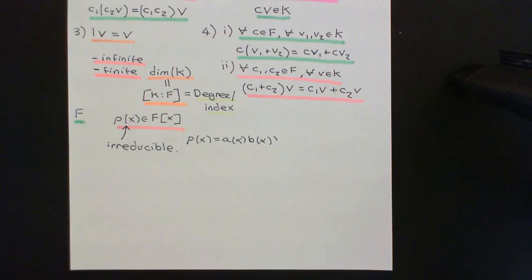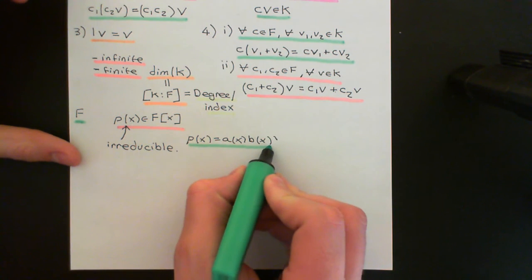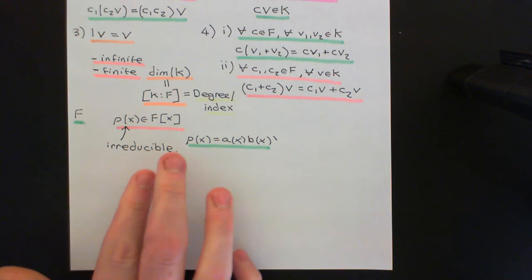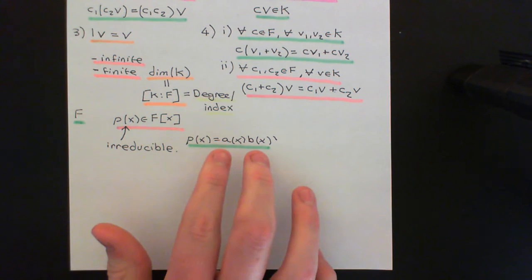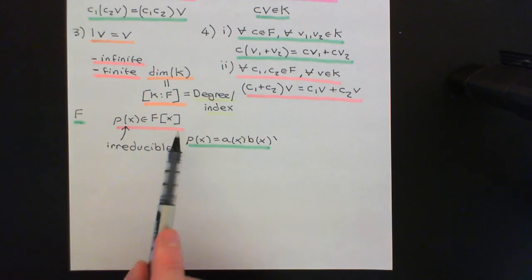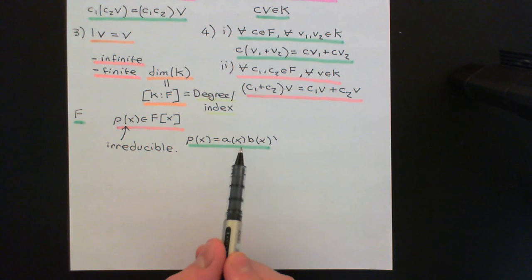And that's true for all products that make this polynomial p of x if it's irreducible. So it is not possible, if the polynomial is irreducible, to find a product which makes that polynomial in the ring of polynomials F adjoin x here, such that neither of these two polynomials is a unit.